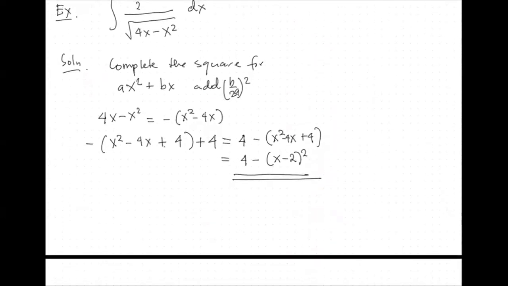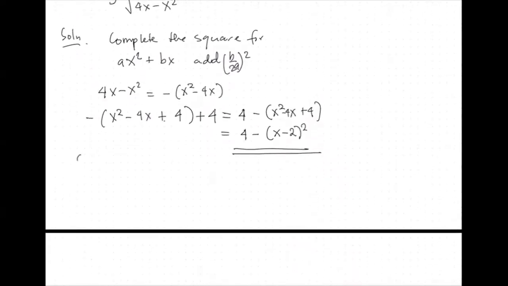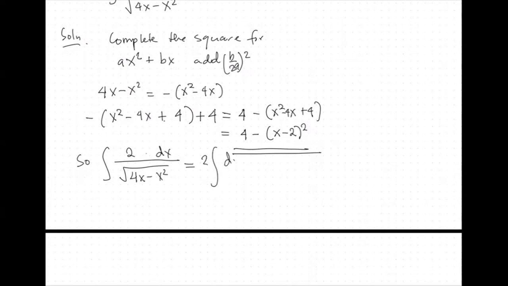Now we will rewrite the original function. Here we get 2 dx over the square root of 4x minus x squared. Let me erase this first.